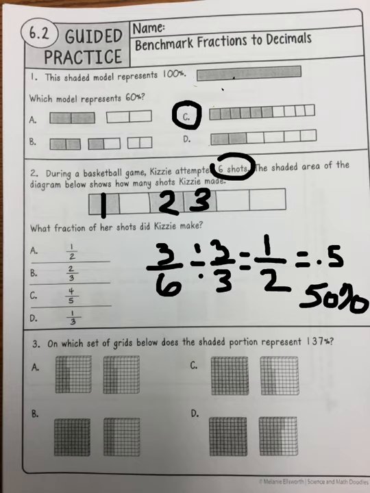Okay, let's look at our next section, number 3. We've got grids, and you'll notice there's a lot of different ones to look at. I want you to start with the question, on which set of grids below does the shaded portion represent 137%?